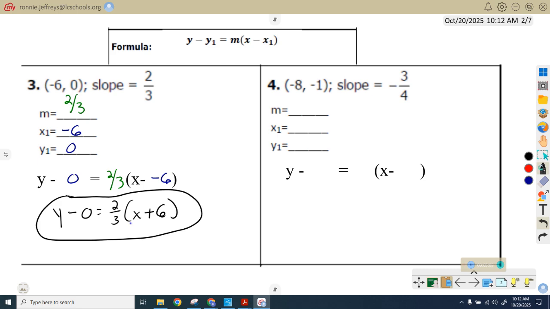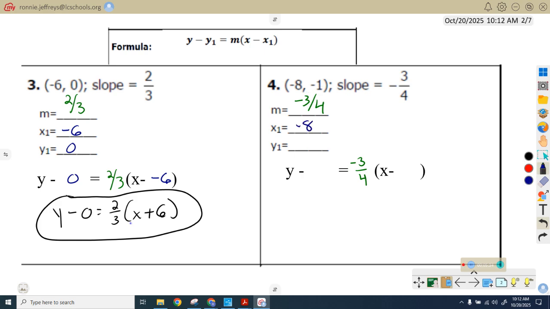Okay. All right, number 4. How many of y'all noticed that it gives us a point, gives us a slope, but then we start writing the slope, then the point? Anybody notice that? No? Okay. All right.